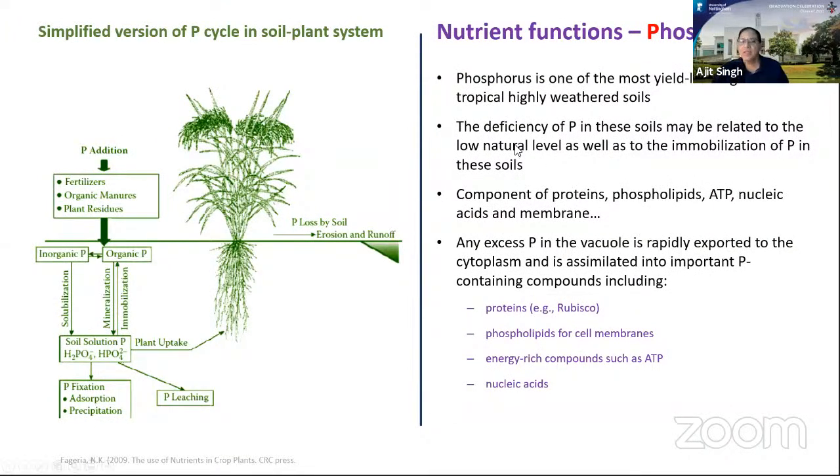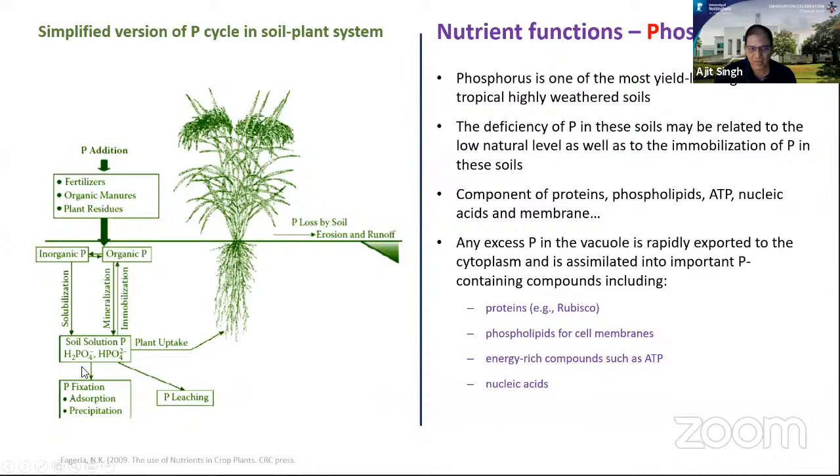Now, phosphorus, similar to nitrogen, is the next important nutrient that plants require, and it is also present in an assimilate form. It must be converted. It's normally available as H2PO4 and HPO4, but this must be converted into an assimilate form, that is, into an organic form.